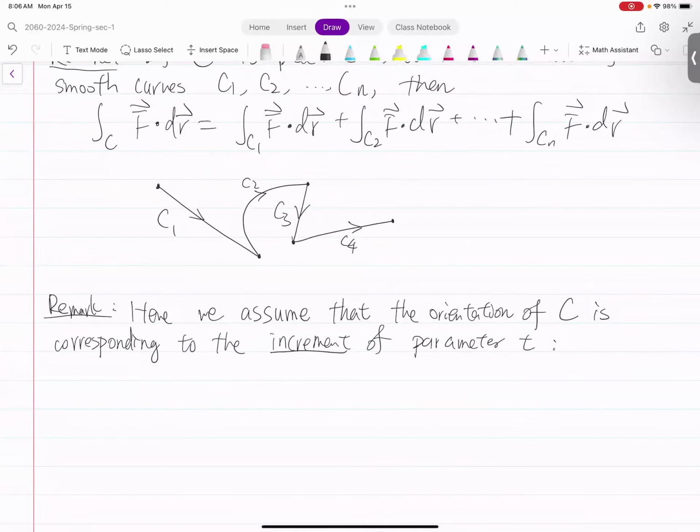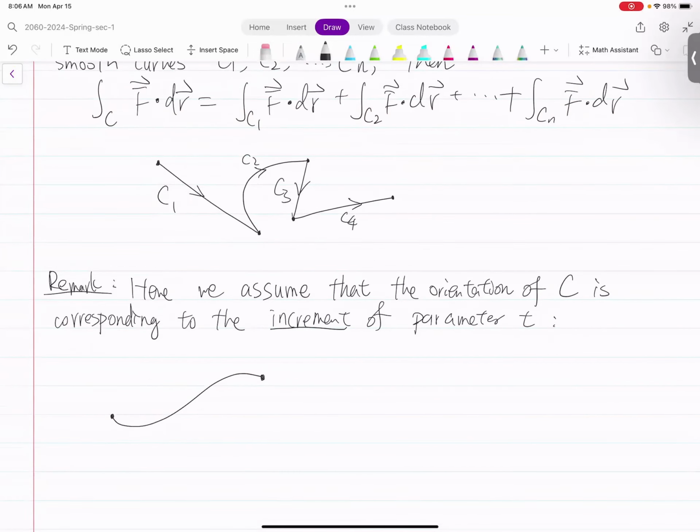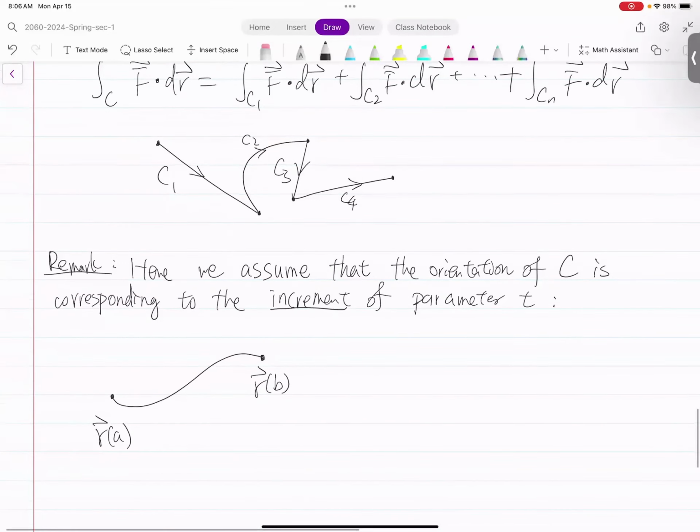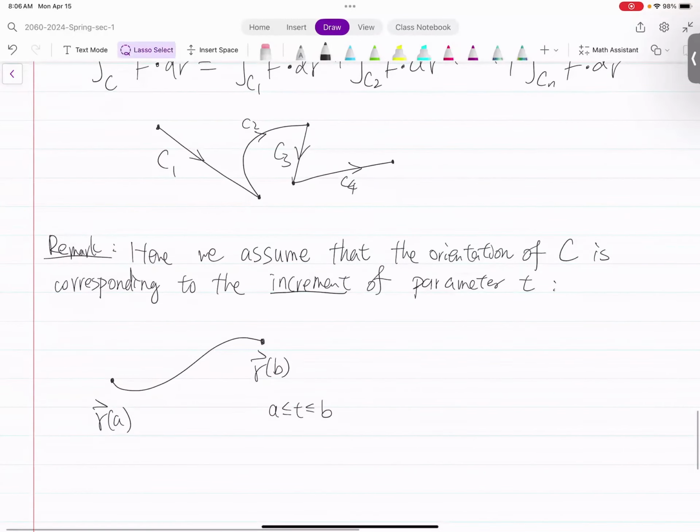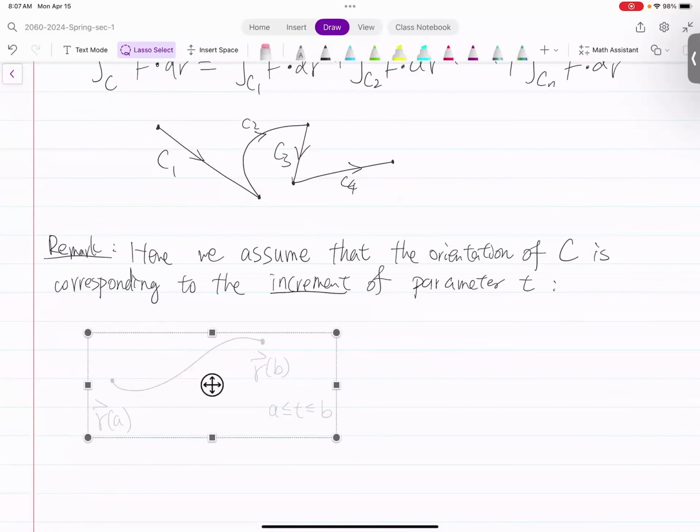So let's say we have a curve like this. And this is a vector function, but on the left hand point, we have the location associated to, let's say, t equals a, and then on the right hand point is t equals b. Okay. So basically the parameter goes from a to b. So the positive orientation is this one that's going from the left to the right along the curve.